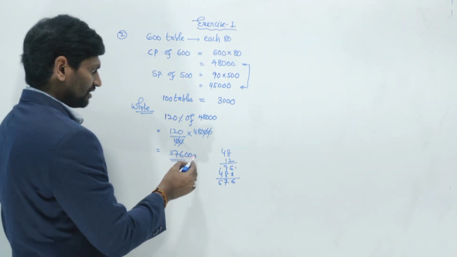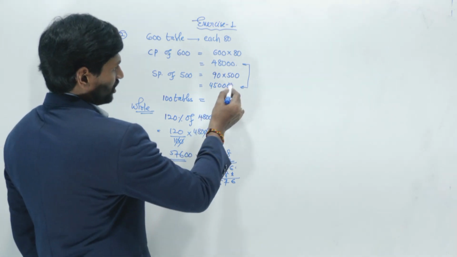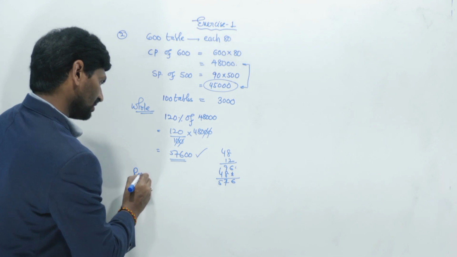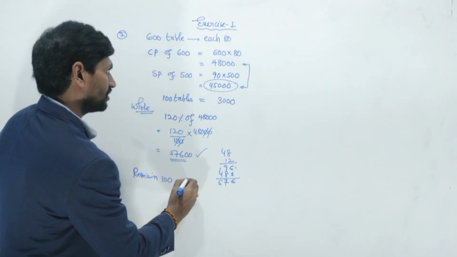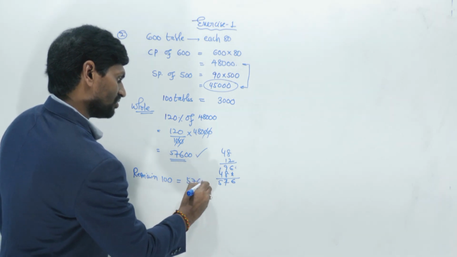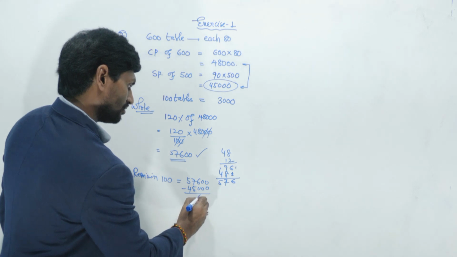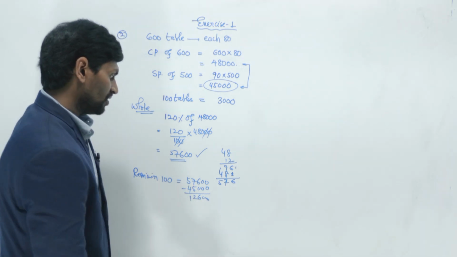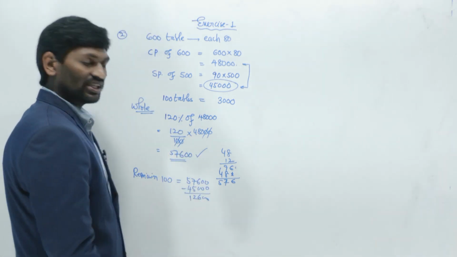20% means he has to sell for 57,600. And actually he already sold for 45,000. Let us identify the remaining cost of 100 tables, which equals 57,600 minus 45,000, that means 12,600 rupees.